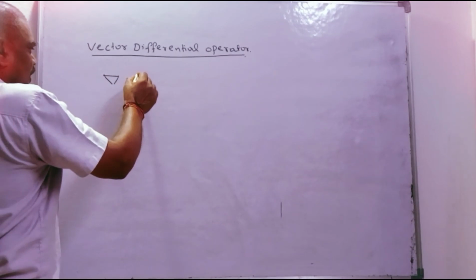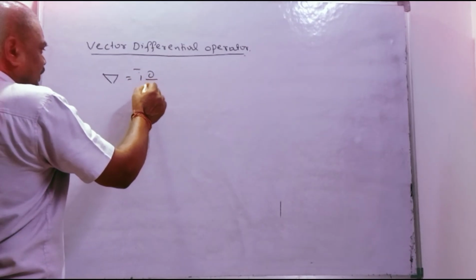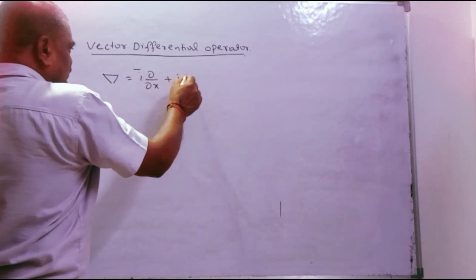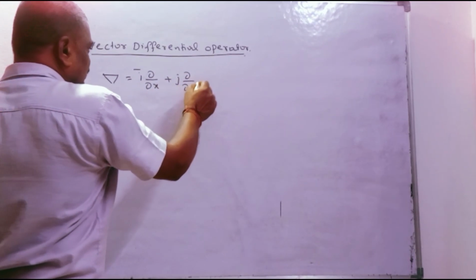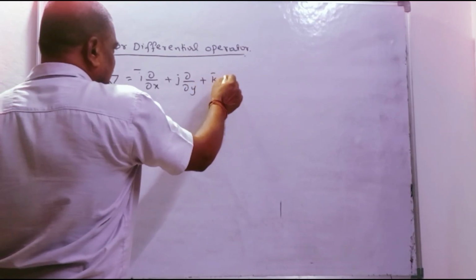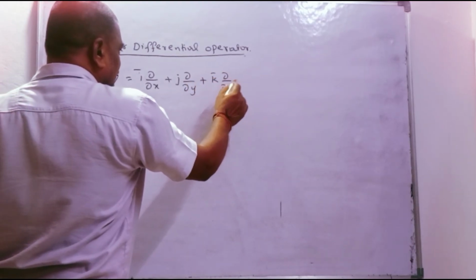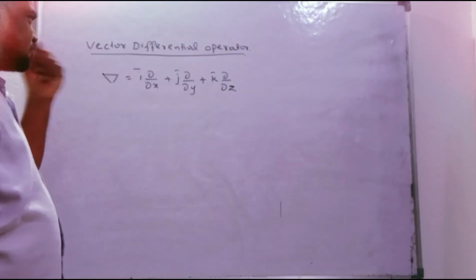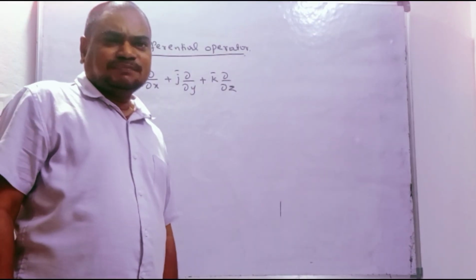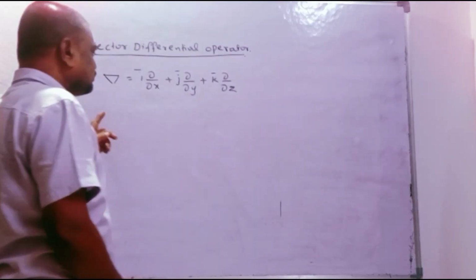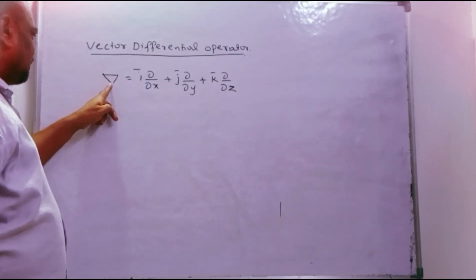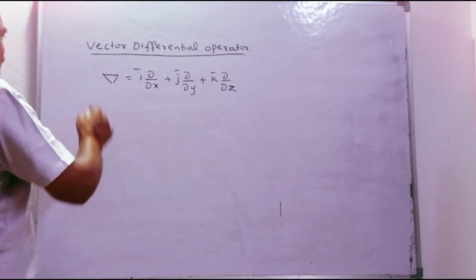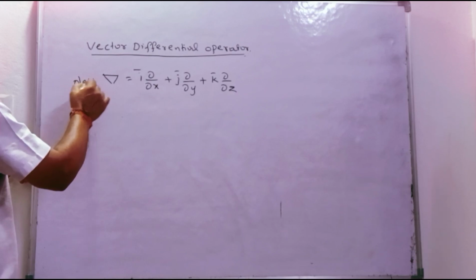This is del: i bar dou by dou x plus j bar dou by dou y plus k bar dou by dou z. This is the vector differential operator. It is denoted by del.